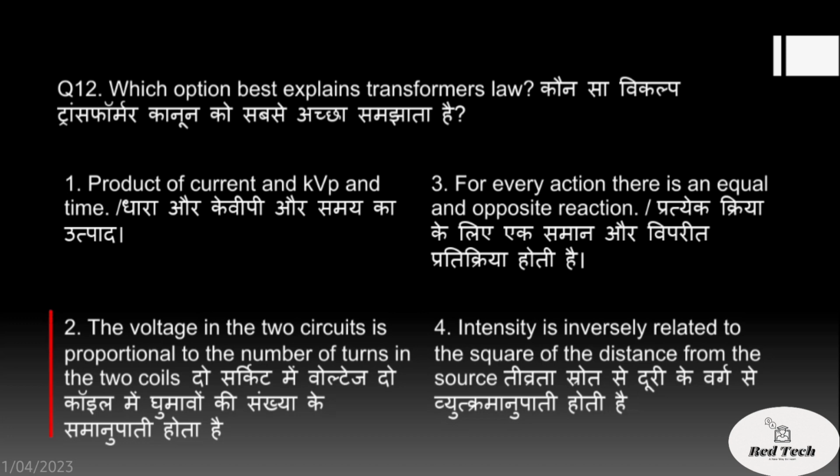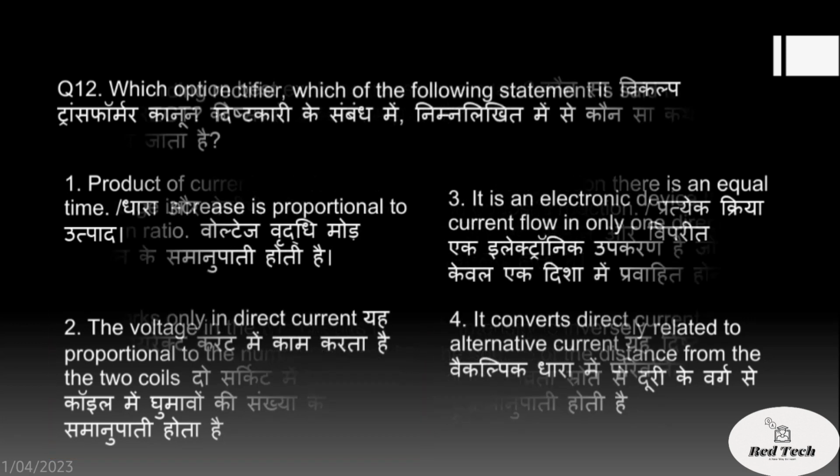So it resembles the transformer law, so the second option is correct. The number of turns is proportional to the voltage in the two circuits. That's the correct option regarding the transformer law. I hope you understood this very clearly.